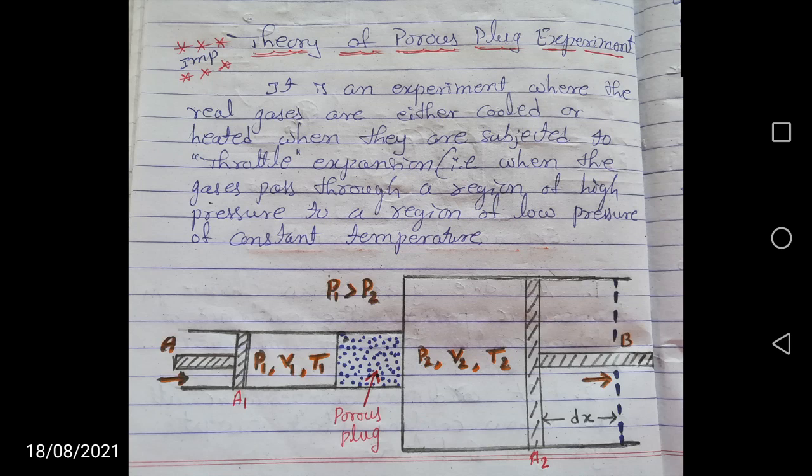When the gas passes through this dotted region, it undergoes throttling action, that means it moves from the high pressure region to the low pressure region. The entire system is thermally insulated so that the expansion occurs adiabatically. Adiabatic means there is no exchange of heat between the system and the surroundings.